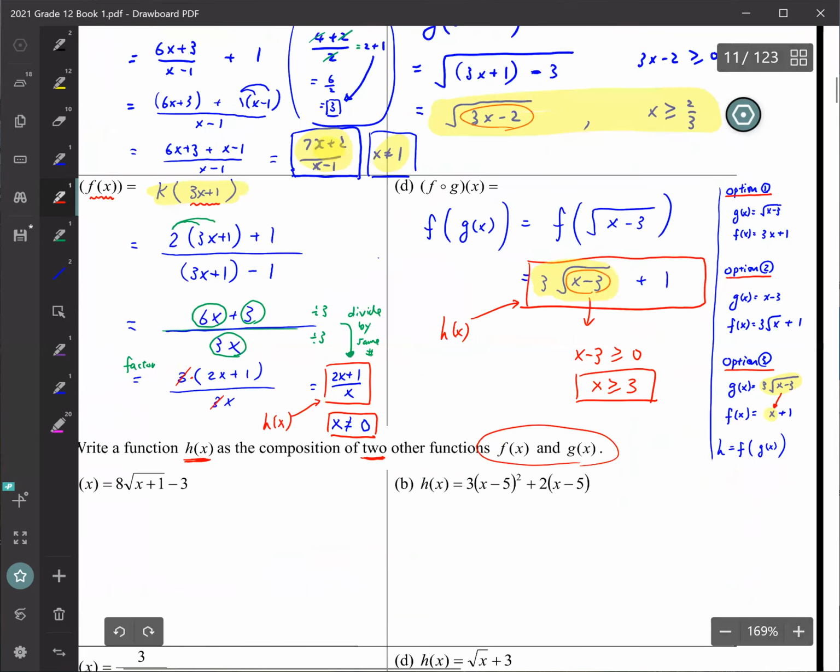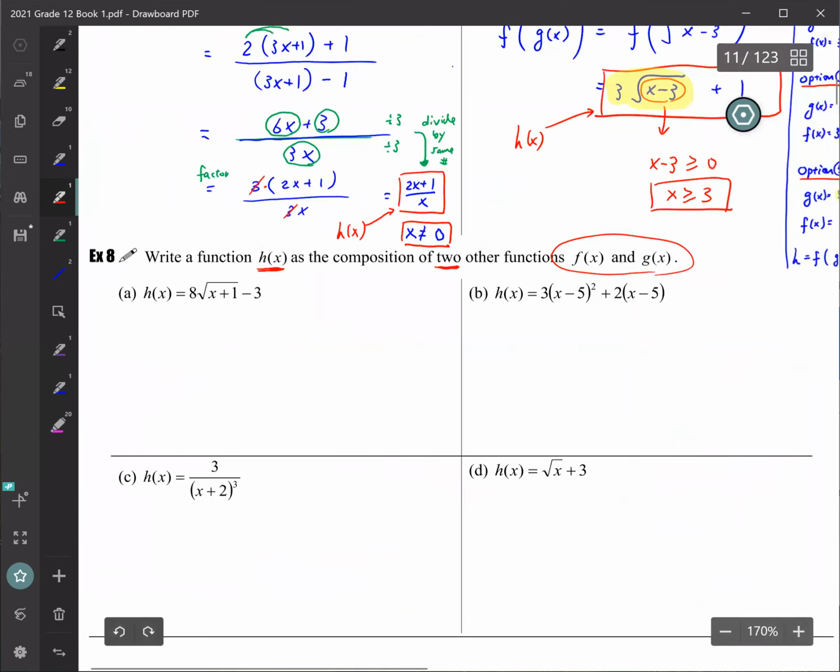Okay, so let's try it out. We have 4 questions here. Question A is similar to the one we did. You can do any option that you like. And then B, C, D are similar.